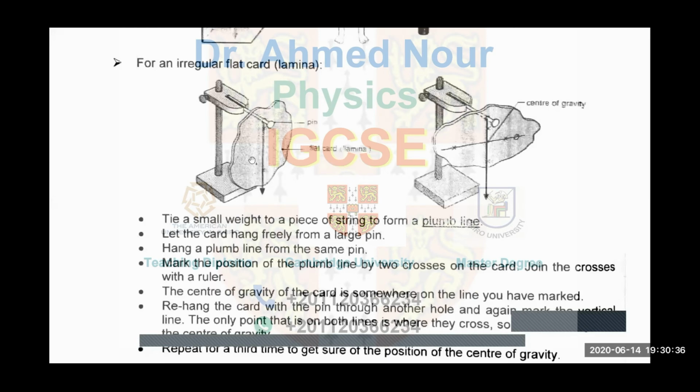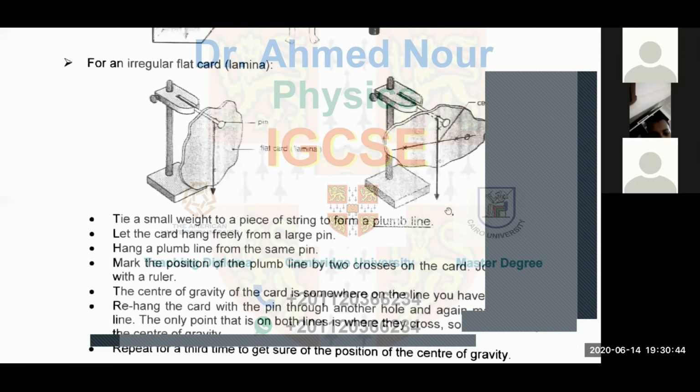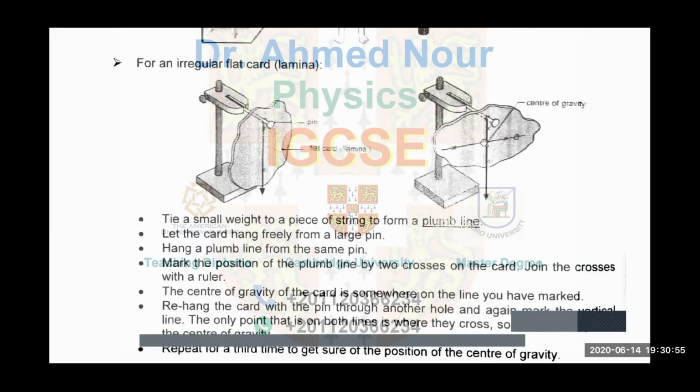Next step, flip the card, let the card hang freely, and hang the plumb line freely also. You draw a line, then flip the card again, hang it freely, hang the plumb line again, and mark the plumb line on the card. So you have many lines intersecting together at one point. This point is the center of mass or center of gravity.